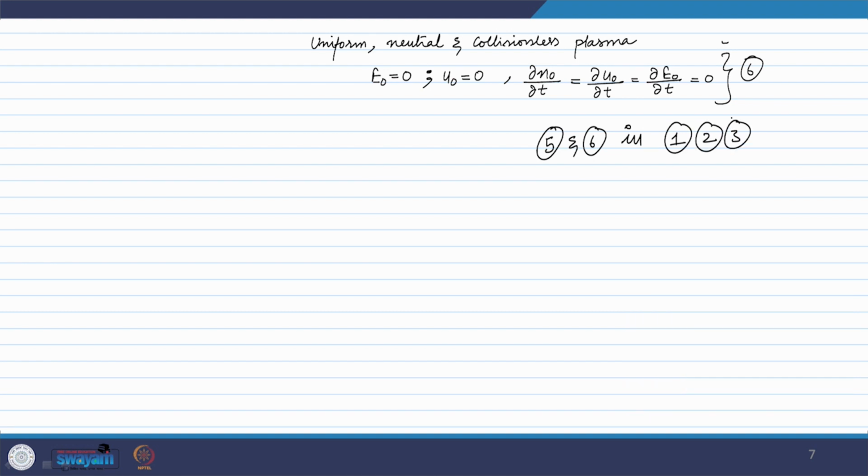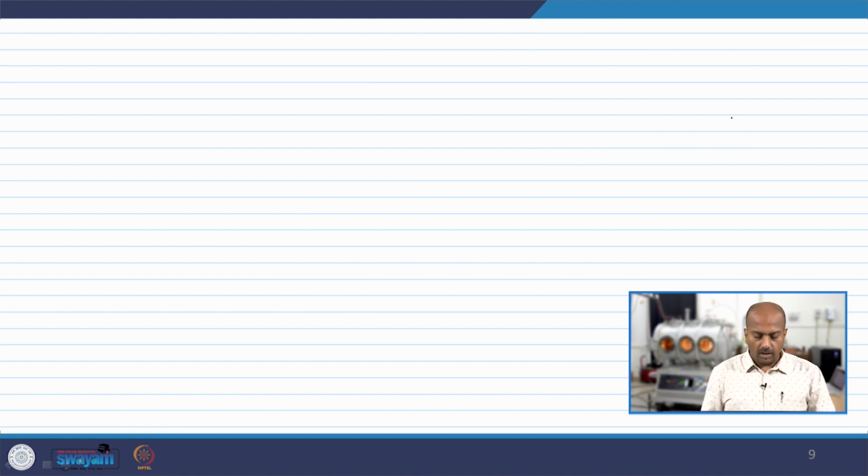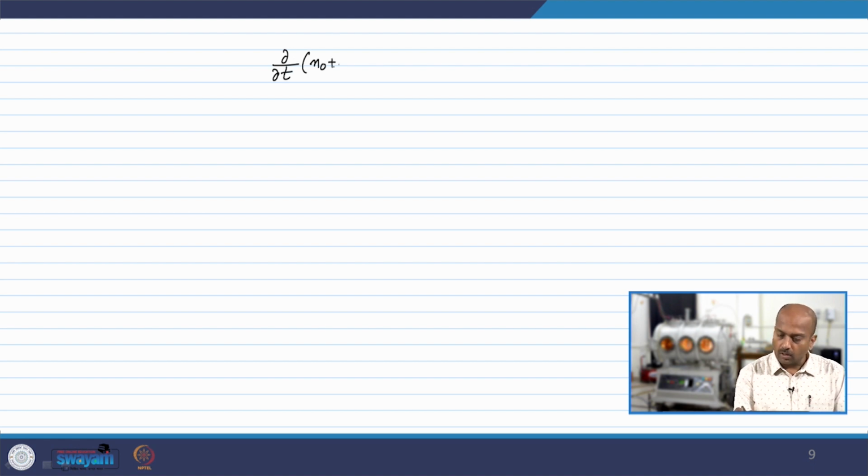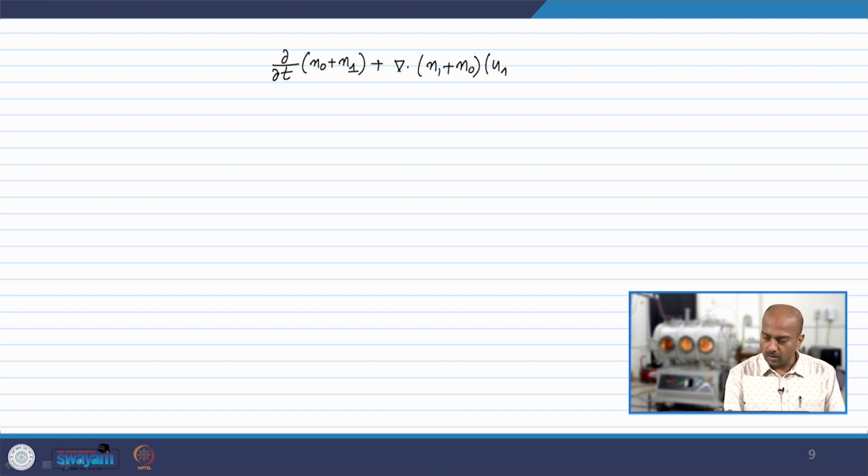The purpose is to linearize the governing equations. So, we will take the continuity equation first. We can write dou by dou t, the time derivative of n naught plus n 1, plus del dot n naught plus n 1 times u naught plus u 1 is equal to 0.